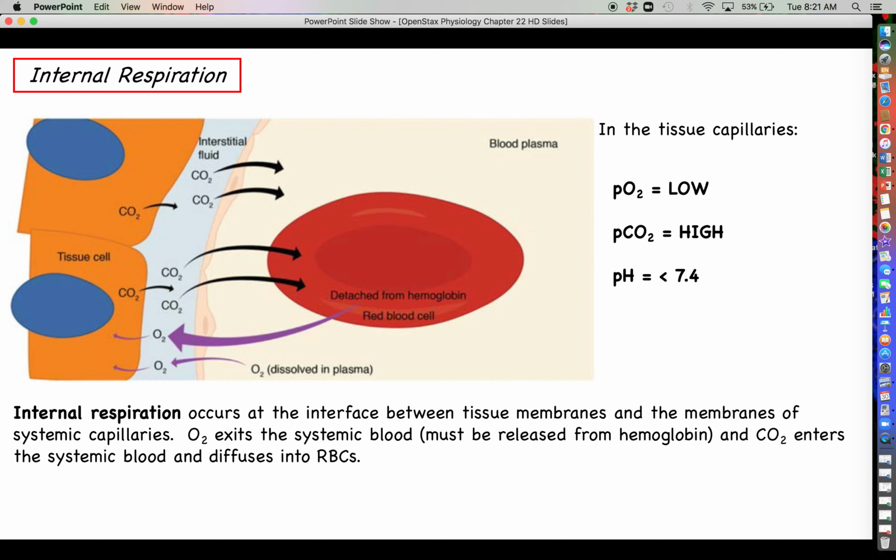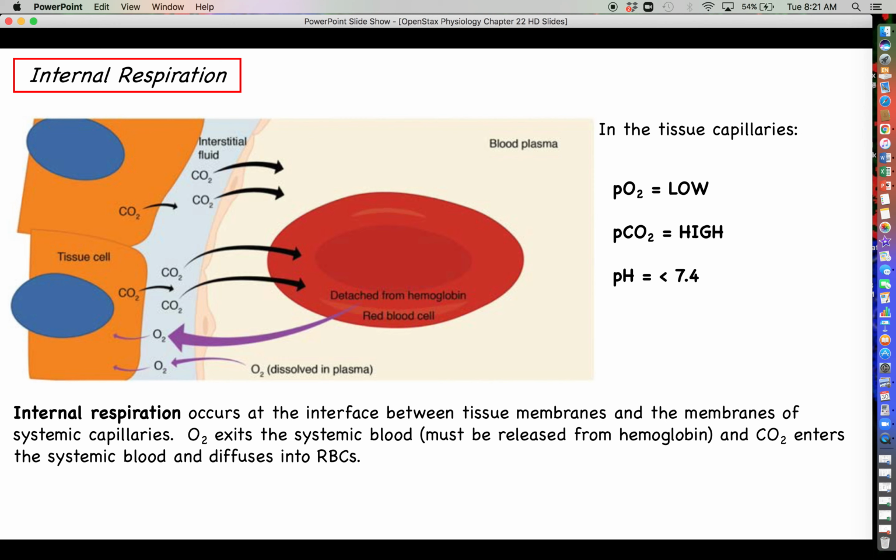So this is going to do the opposite of what we saw before. Low concentrations of oxygen are going to reduce the affinity that hemoglobin has for the oxygen that it has, and similarly the high concentration of carbon dioxide will do the same.